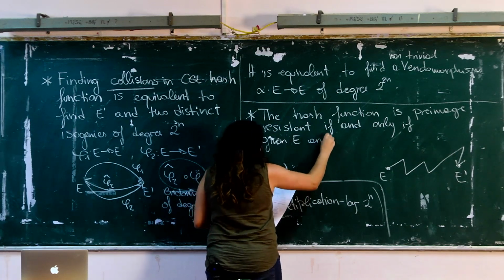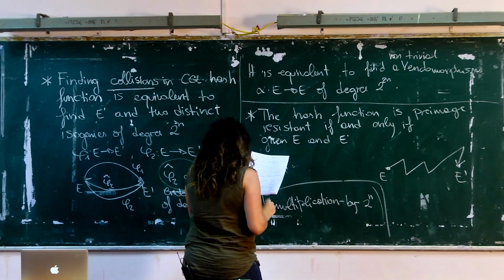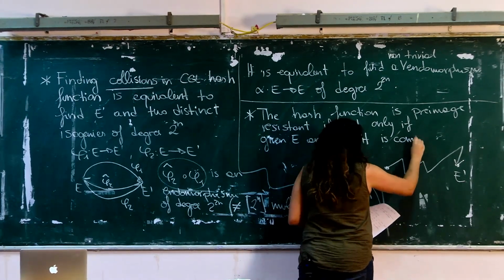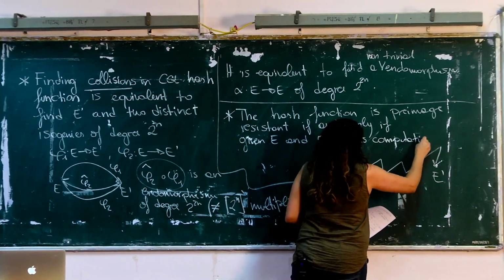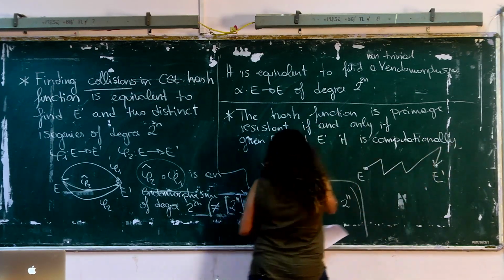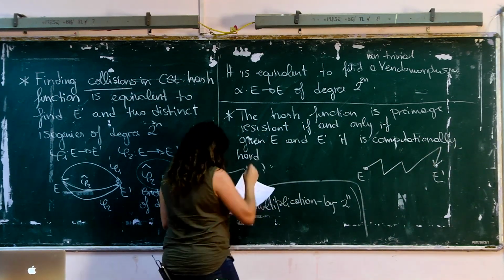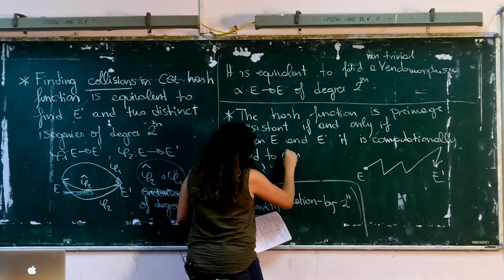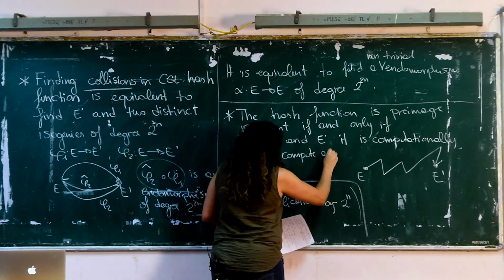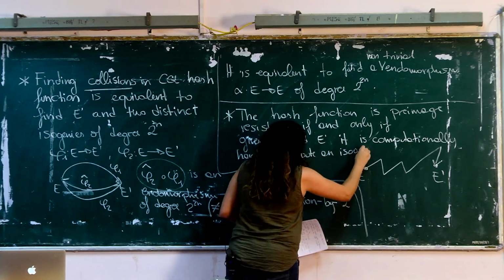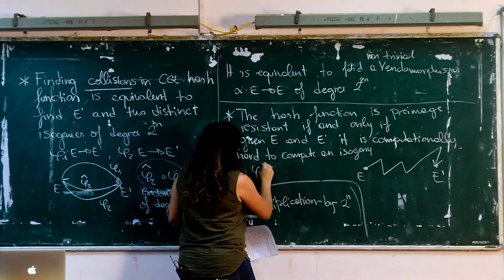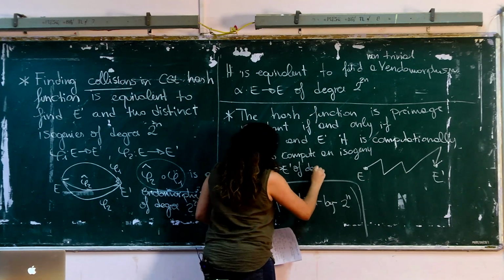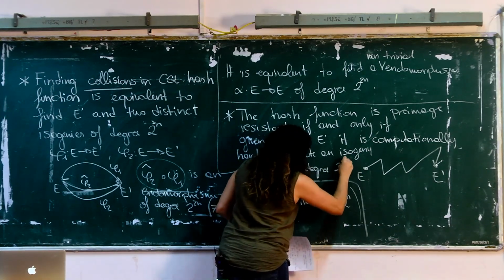So the hash function is pre-image resistant if and only if, given E and E prime, it is computationally hard to compute an isogeny phi from E to E prime of degree 2 to the n.